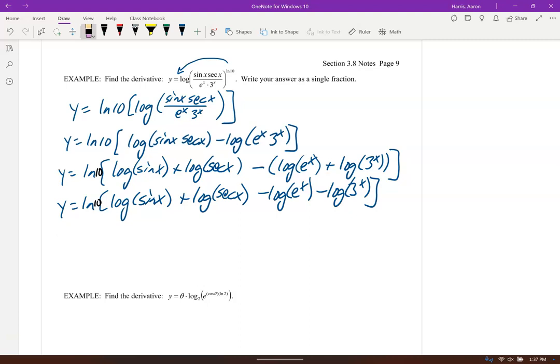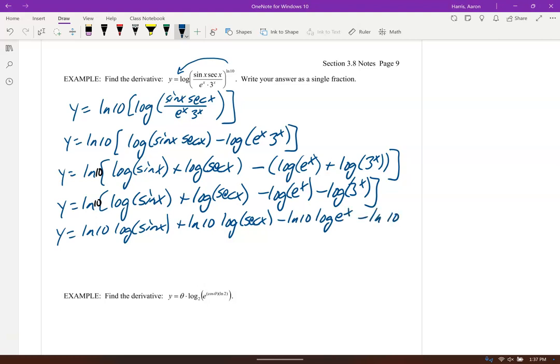You know what? Let me take the ln of 10 through first. Sorry. So I have ln of 10 log of the sine plus ln of 10 log of the secant minus ln of 10 log e to the x minus ln of 10 log 3 to the x.